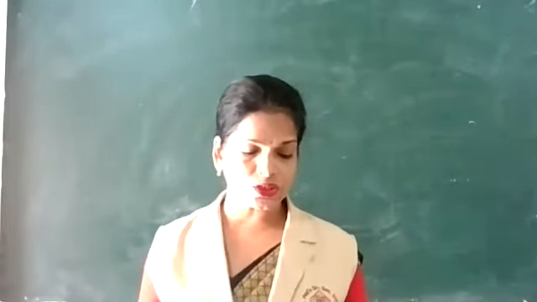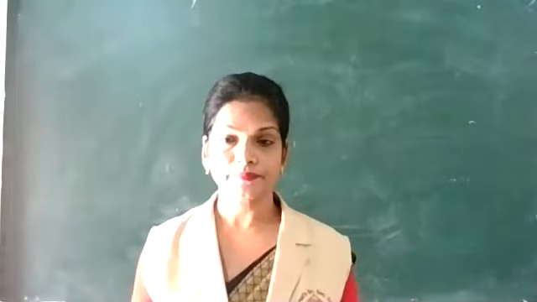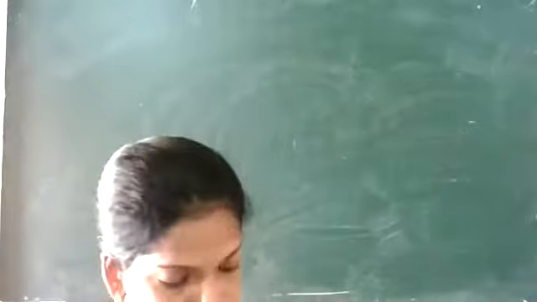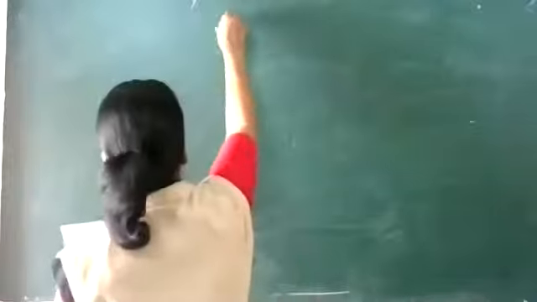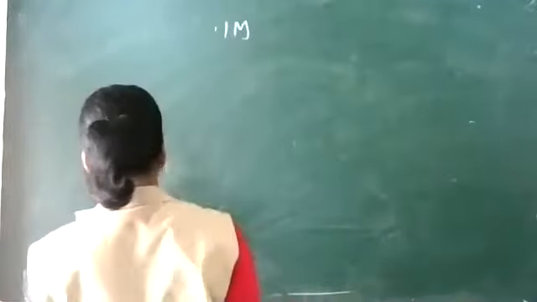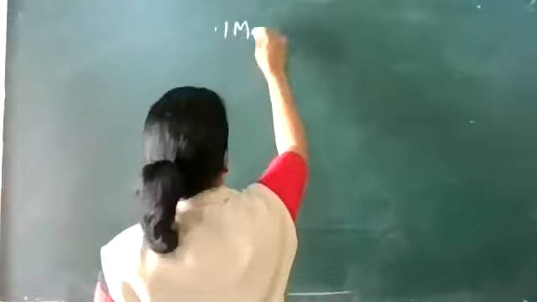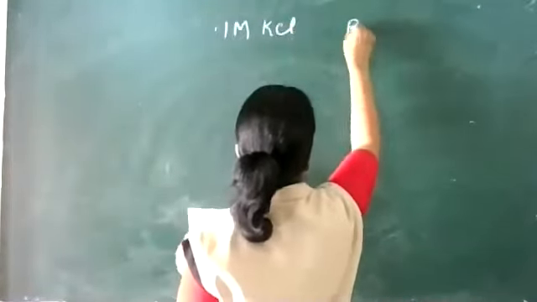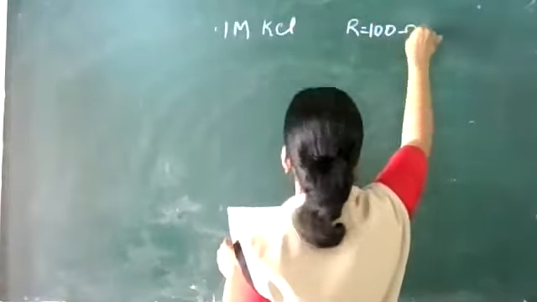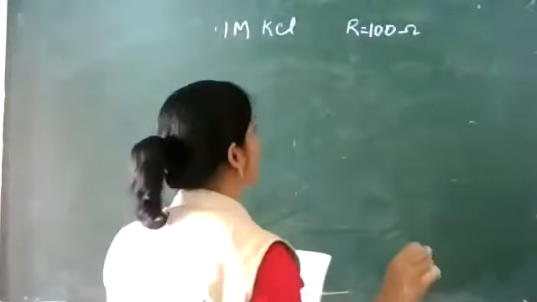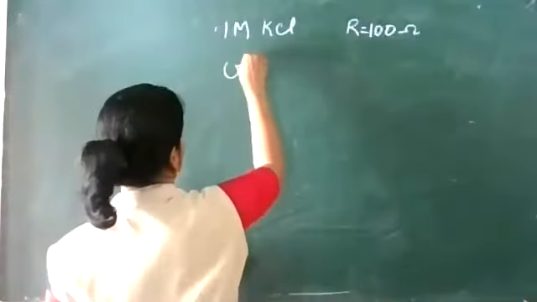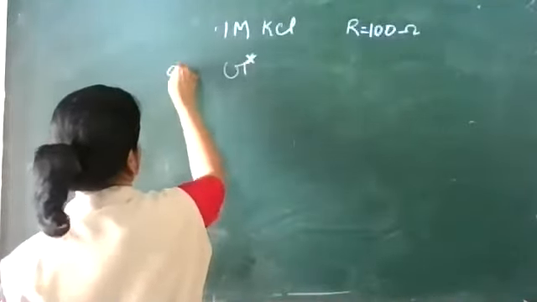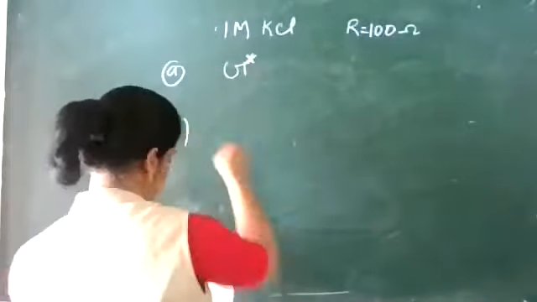Question: The resistance of a conductivity cell filled with 0.1 molar KCl solution is 100 ohm. What is the cell constant? This is the first part.